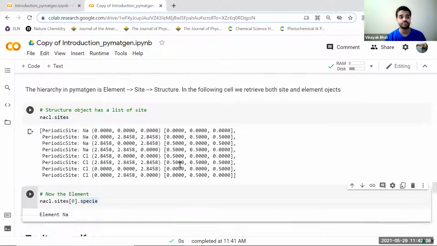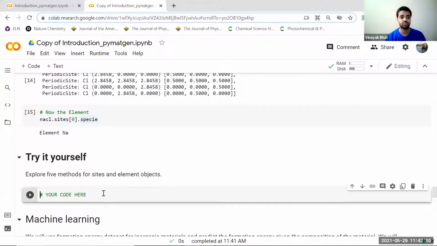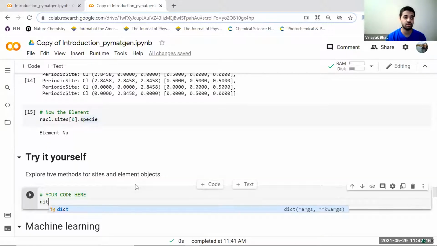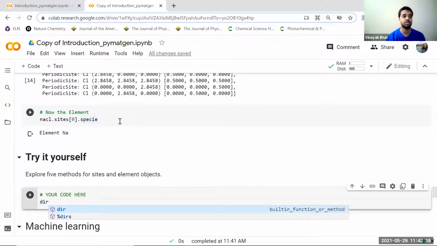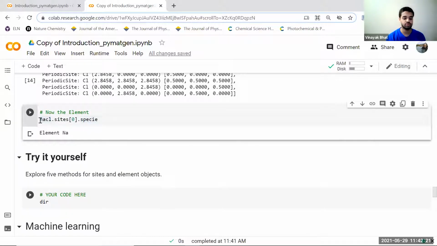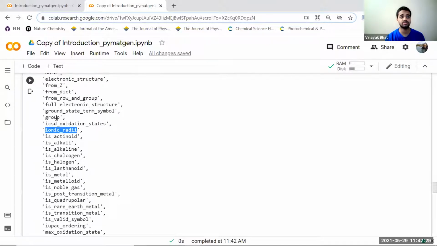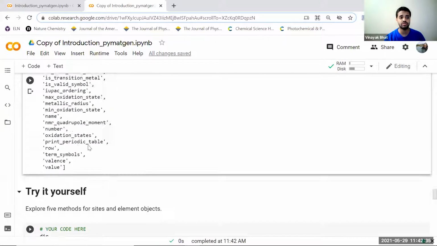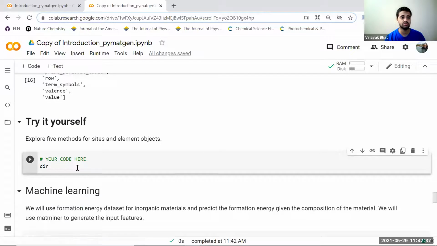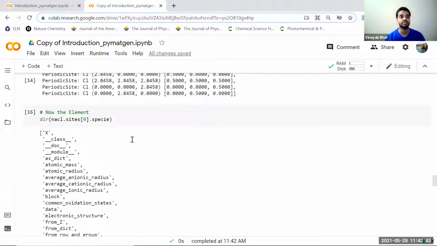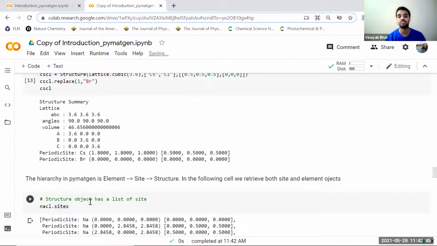So yeah. You can try yourself to explore some of the methods that are available for sites and elements. And if you do dir of them, you'll probably get something. Try to explore some of this. You can get ionic radius of that and ground state term symbol and all of them. So try exploring some of this, and we'll do this for a couple of minutes so that you have time to explore it for sites as well as elements. So this is for elements, and you can do the same thing for sites.